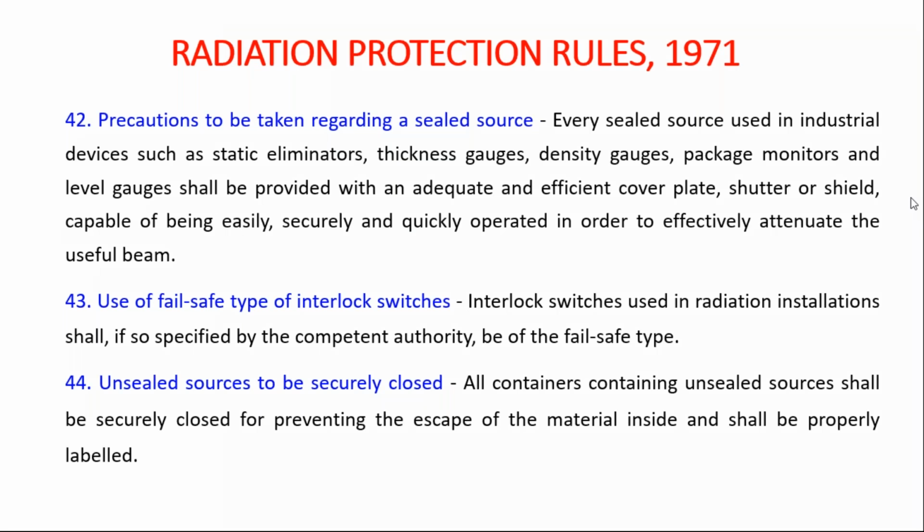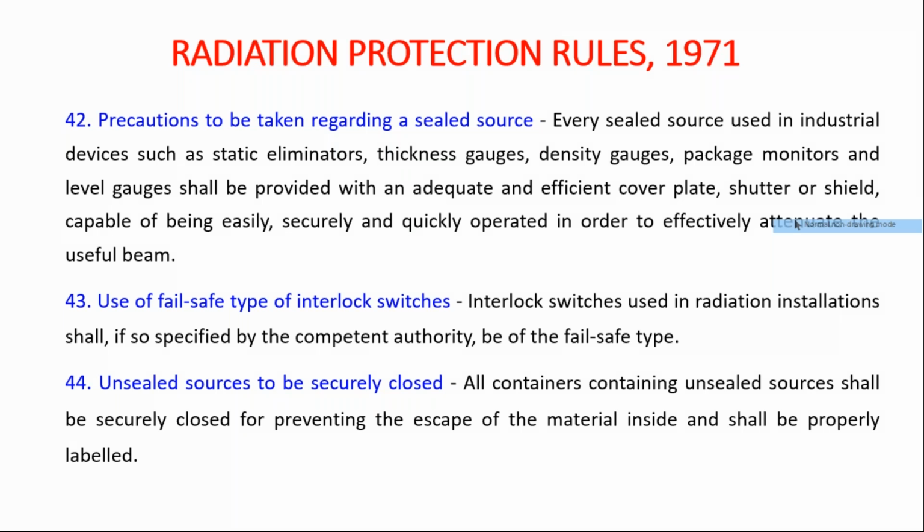Then rule number 45 is related to the precautions to be taken by the radiological safety officer where unsealed sources are handled. When the sealed sources are there, it is the radiological safety officer's responsibility to observe the proper sealing of that particular container.